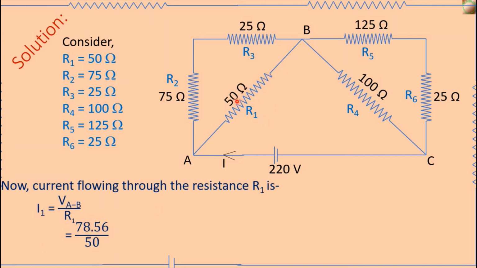So 78.56 divided by 50 is the current I1 flowing through R1, and after calculation it is 1.57 ampere.